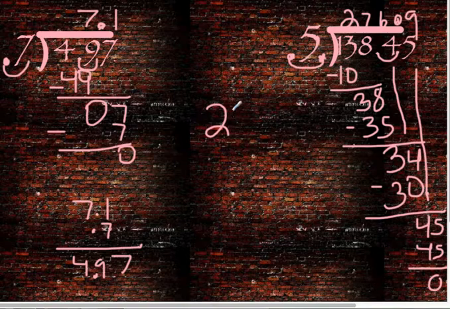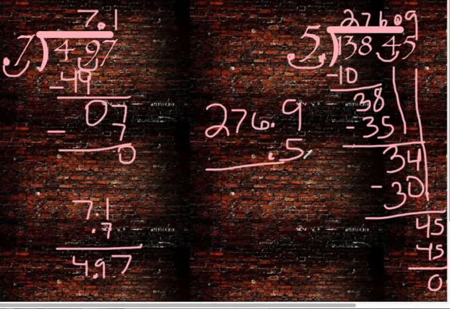2, 7, 6.9. And you're going to do the original divisor, I'm sorry, times 0.5. 5 times 9 is 45.